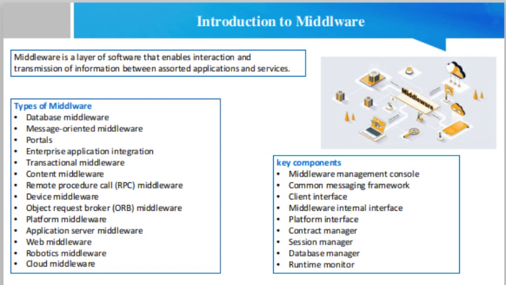Common messaging framework. Middleware requires messaging services to communicate with services, applications, and platforms. Most of these frameworks rely on existing standards such as Simple Object Access Protocol (SOAP), Representational State Transfer (REST), or JavaScript Object Notation (JSON).